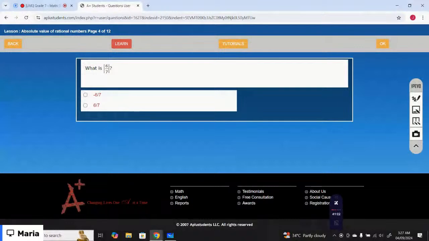Absolute values are always the positive value. So 6 by 7 is already a positive value. So that is 6 by 7.